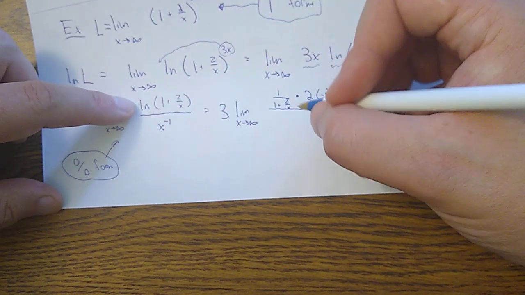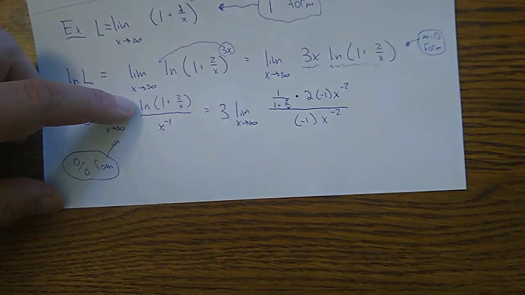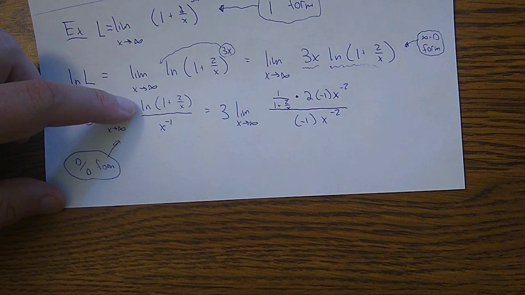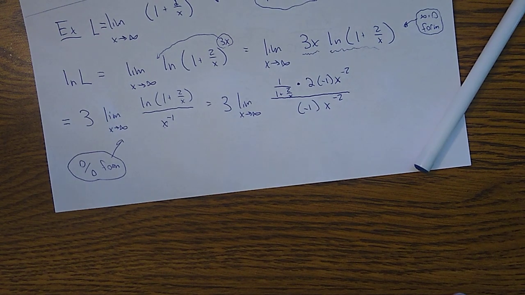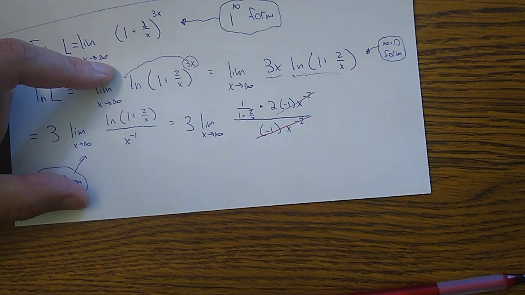And then I do the derivative of the bottom, which is negative 1 x to the negative 2, right? And then I see I can cancel this and this, right?